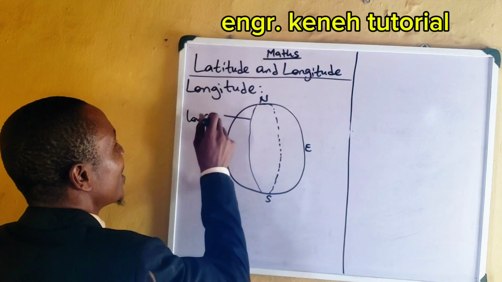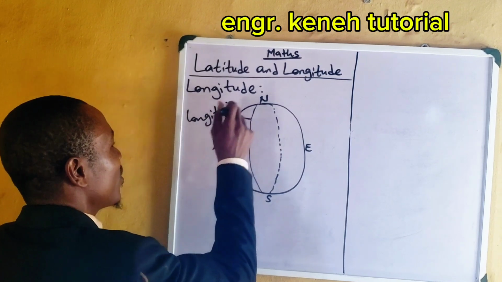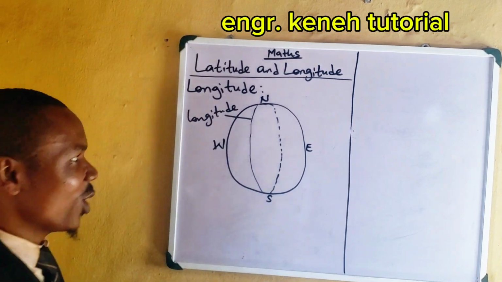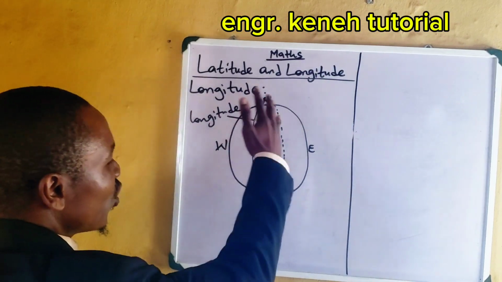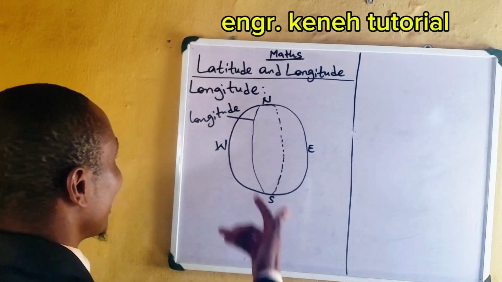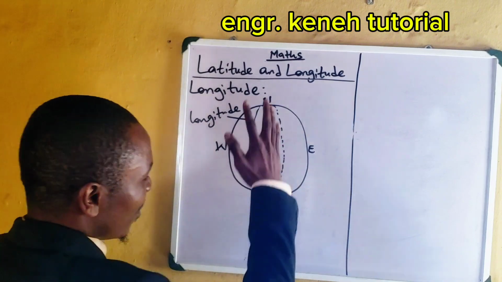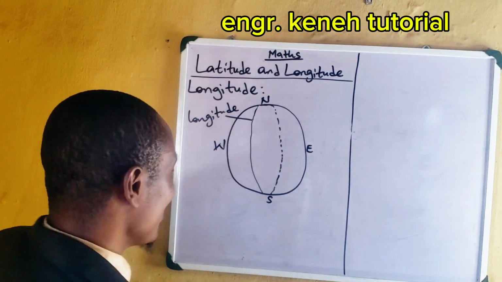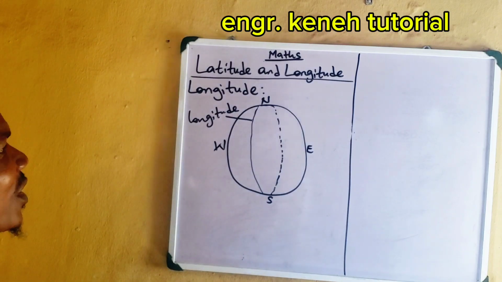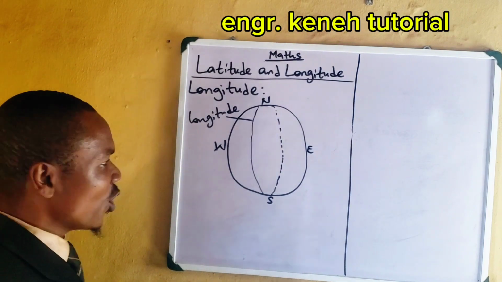Can you see the longitude here? So anytime you are talking about longitude, know that you are referring to an imaginary vertical line that can run from north to south on the earth, like this. So we refer to it as longitude.